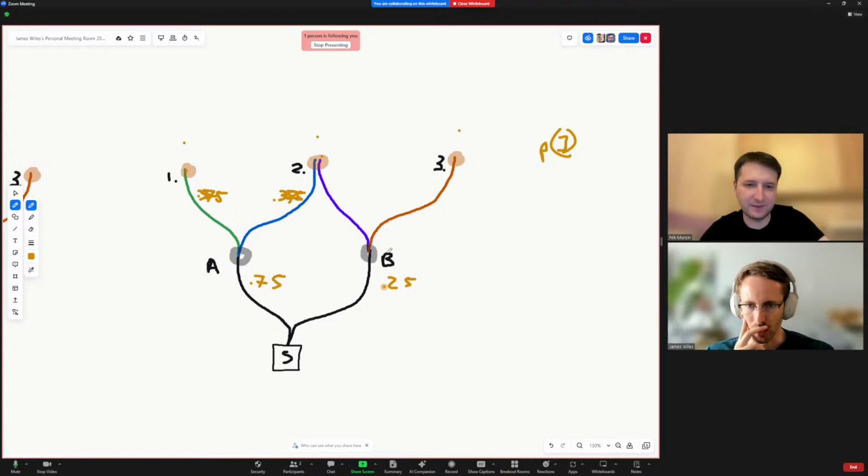Now on this side, we need to get back here, but this distribution doesn't have to be 50-50. So let's say it's a little bit different. Let's say this is 90-10. Okay, so then let's say that was just the distribution at this point.